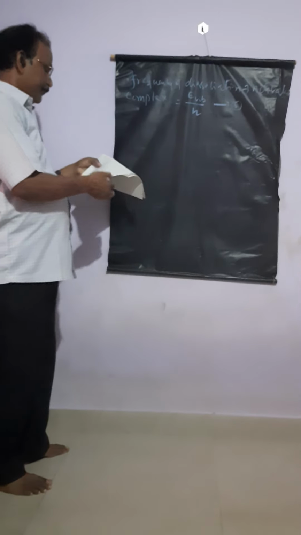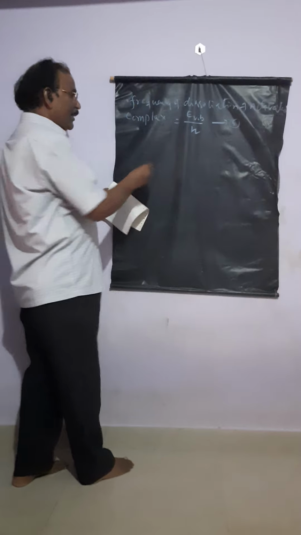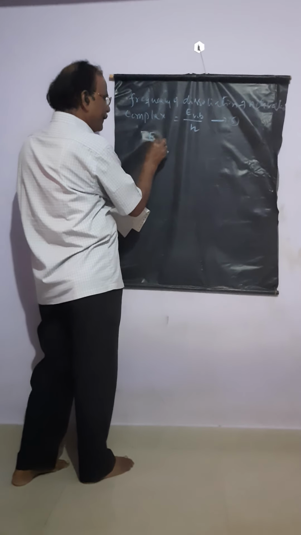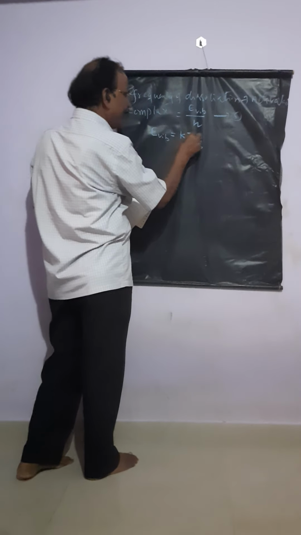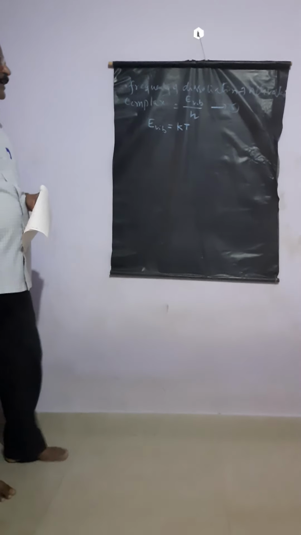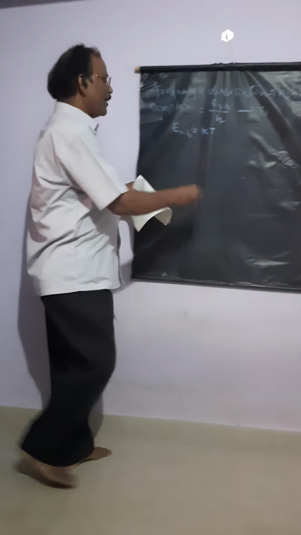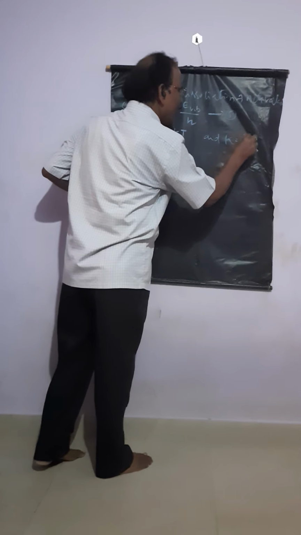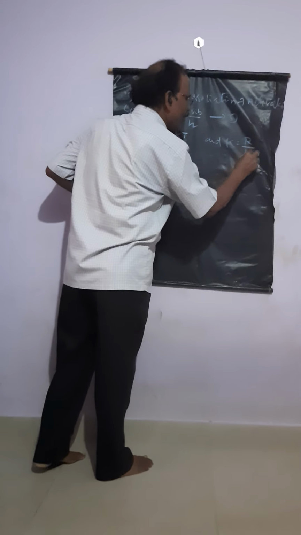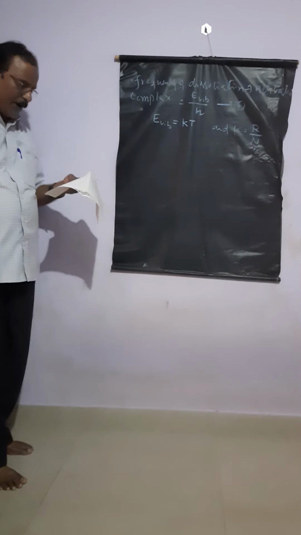And we know the vibrational energy E vibration is equal to kT, where T is the absolute temperature and k is the Boltzmann constant. And also we have the relation k is equal to R divided by Avogadro number N, where R is the gas constant and N is the Avogadro number.